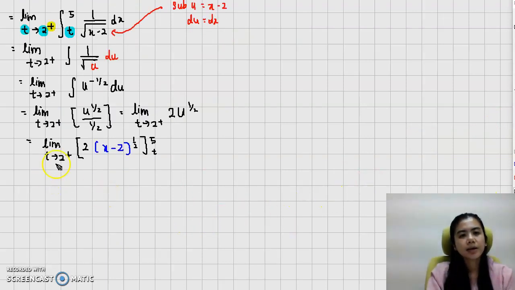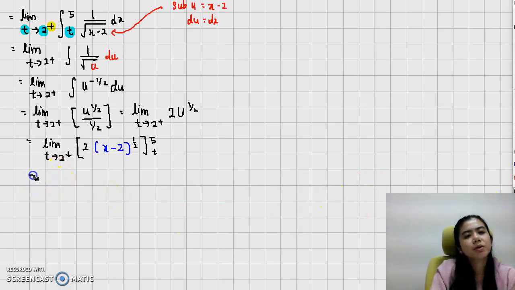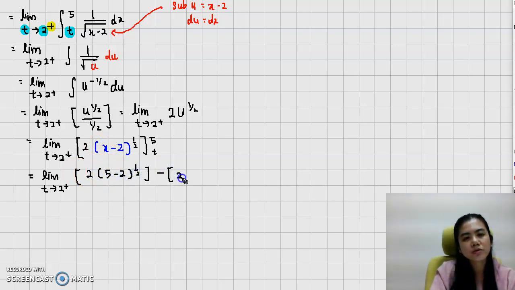Again we're going to repeat the same process that we did in type number 1. So we do substitution. Here we will have 2 times the square root of 5 minus 2, minus 2 times the square root of t minus 2. Let's simplify it.